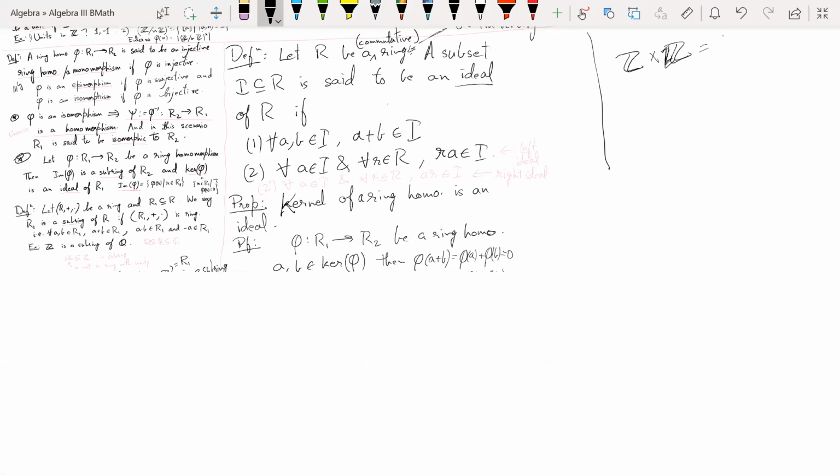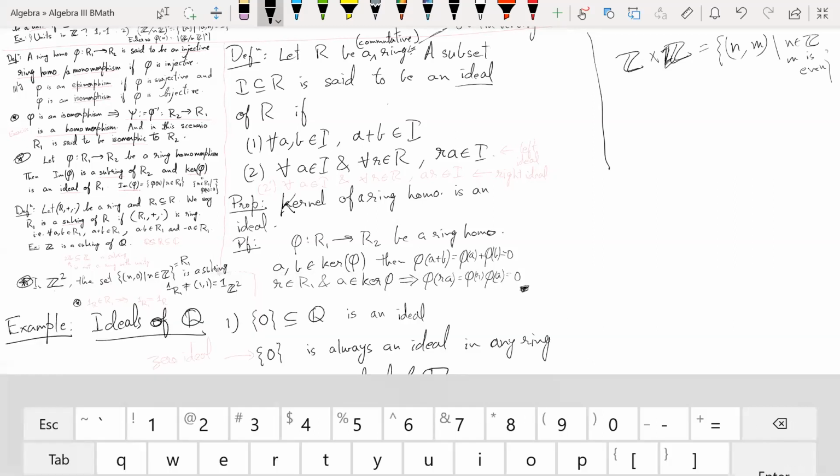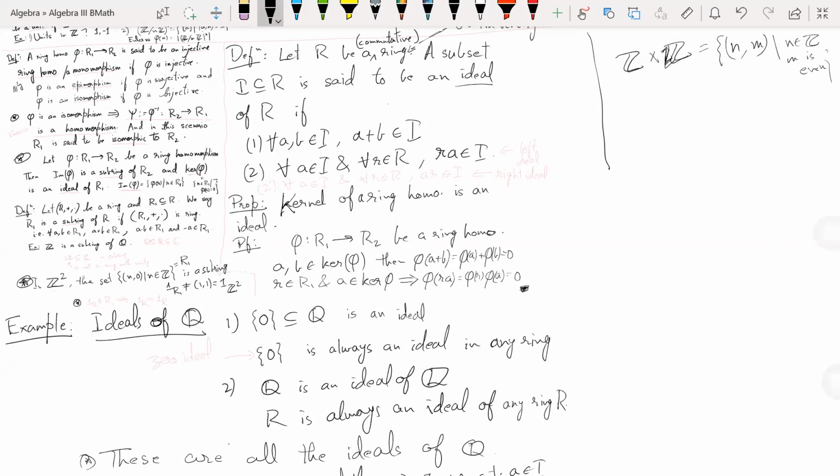This is the set of pairs (n, m) such that n belongs to Z and m is even. M is also an integer, but it's an even integer. You can check that this will form a ring, okay? And it doesn't have a unity, but of course the subring Z cross 0 is a subring and it has a unity. So this is some hooked up example.